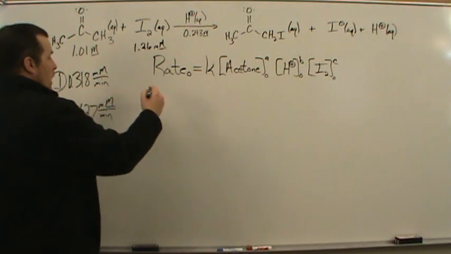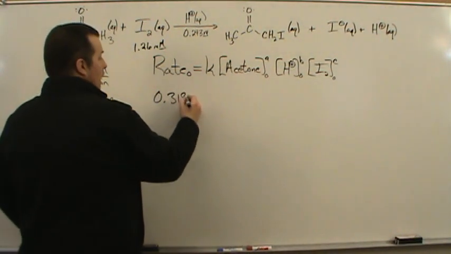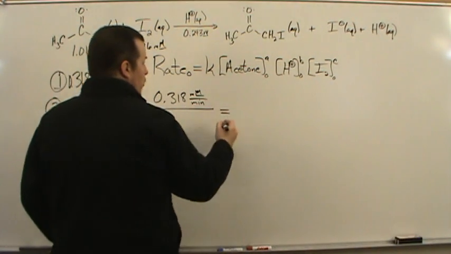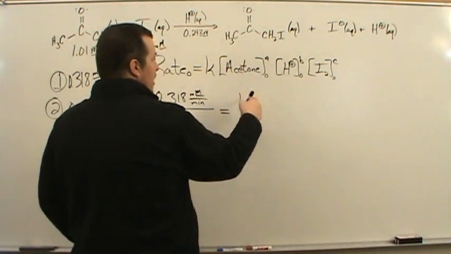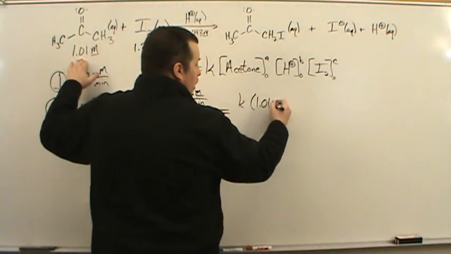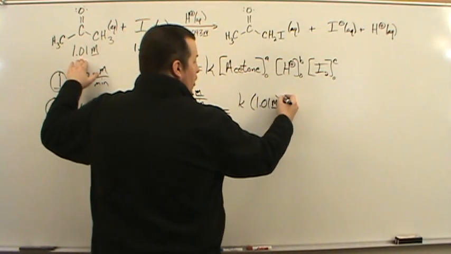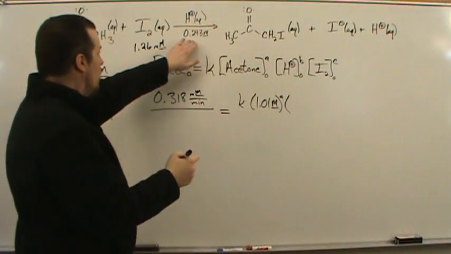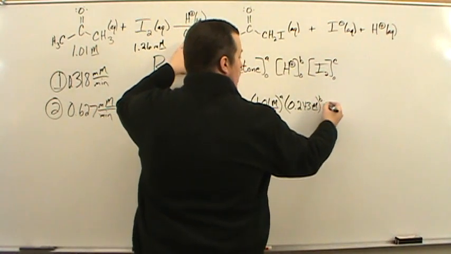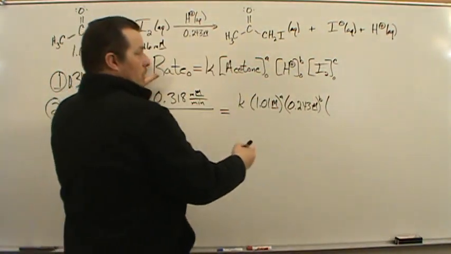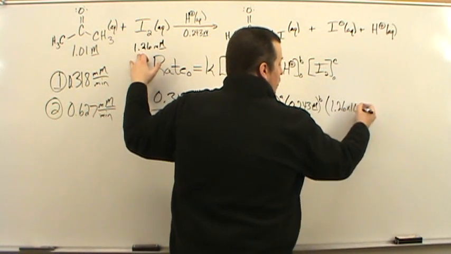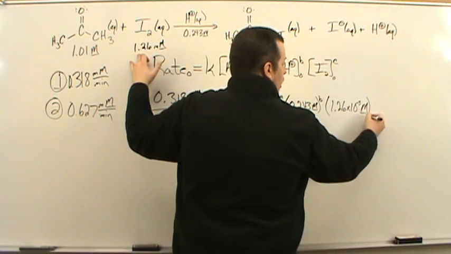So for the first run, 0.318 millimolar per minute equals K times concentration of acetone in that first run was 1.01 molar to the A. Acid, 0.243 molar to the B. And iodine, 1.26 times 10 to the minus 3rd molar to the C.